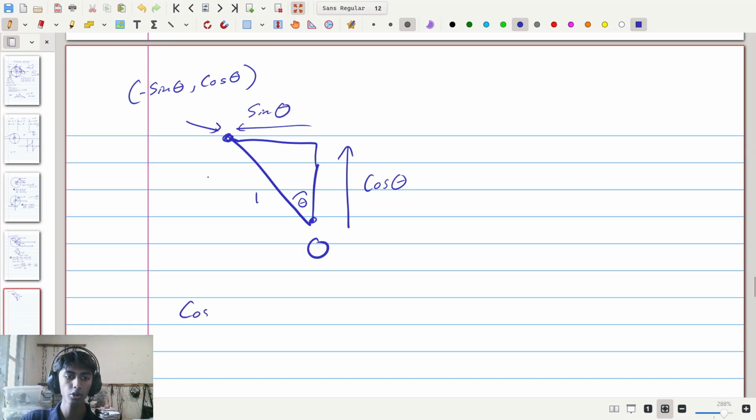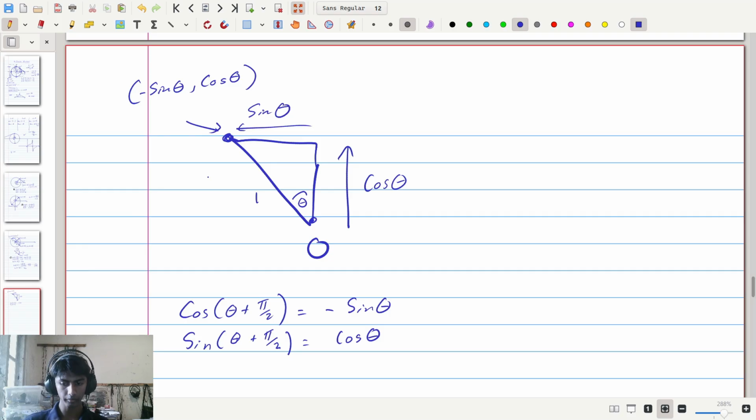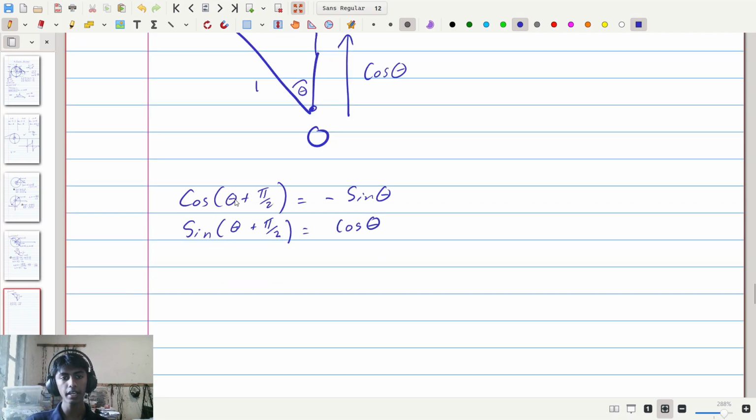So cosine theta plus 90 is equal to negative sine theta, and sine theta plus 90 is equivalent to cosine theta. Now it looks almost the same as the previous one, except the minus sign has changed locations. Previously, in the other case, the minus sign was here.